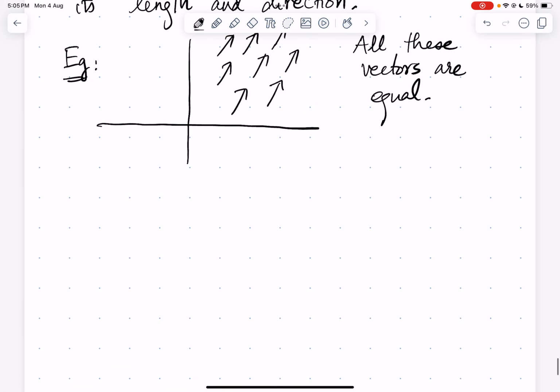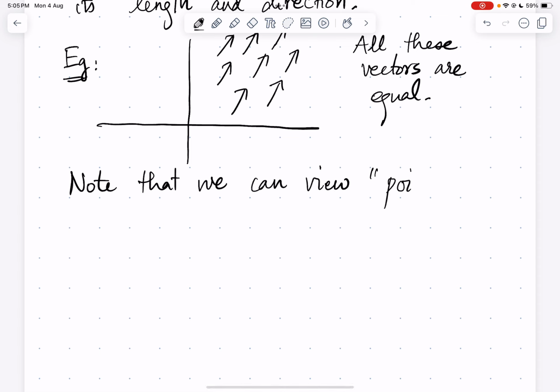Now note that we can view points as vectors. We can view points as vectors with initial point at the origin.